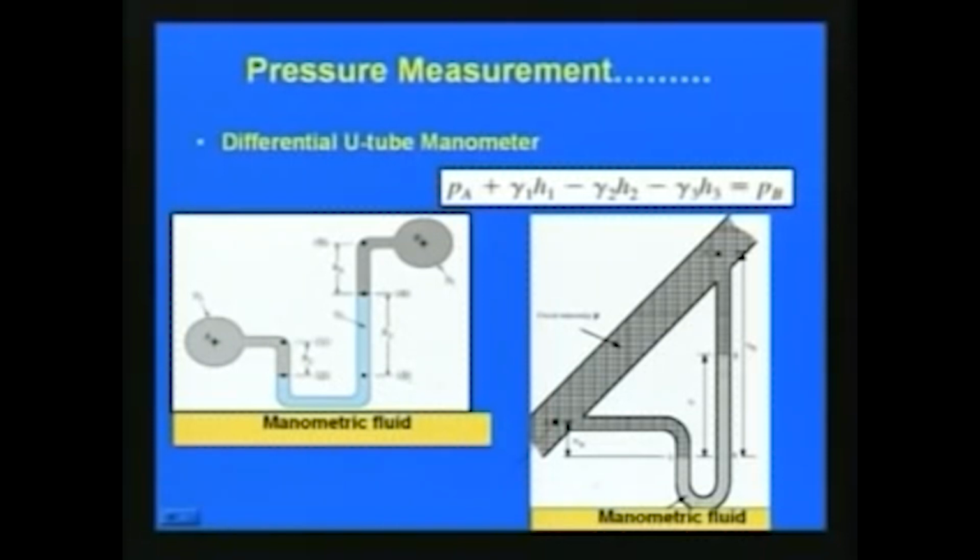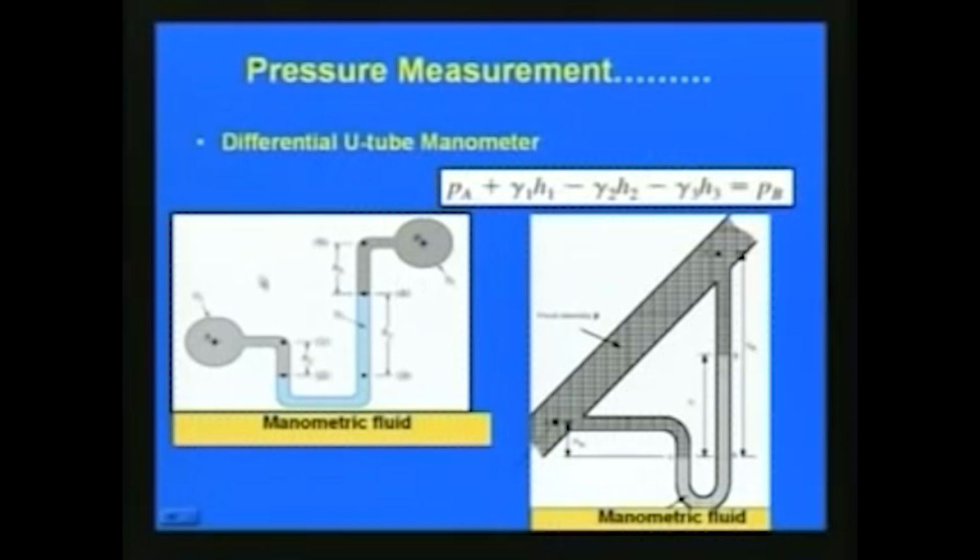Then we can measure this depth H3 with respect to point B. Finally, we can write the equation as PA plus gamma 1 H1 minus gamma 2 H2 minus gamma 3 H3 is equal to PB. This is the equation which we use for the differential U-tube manometer.